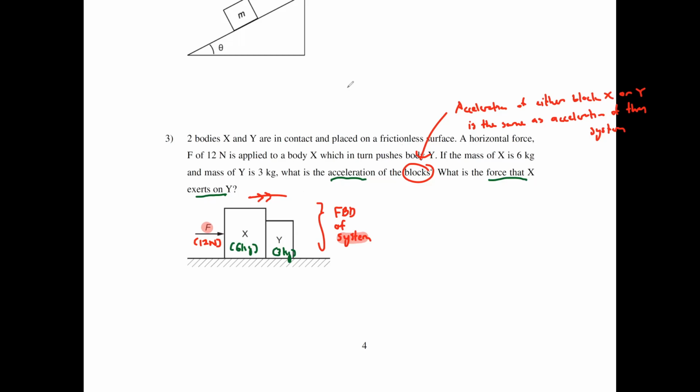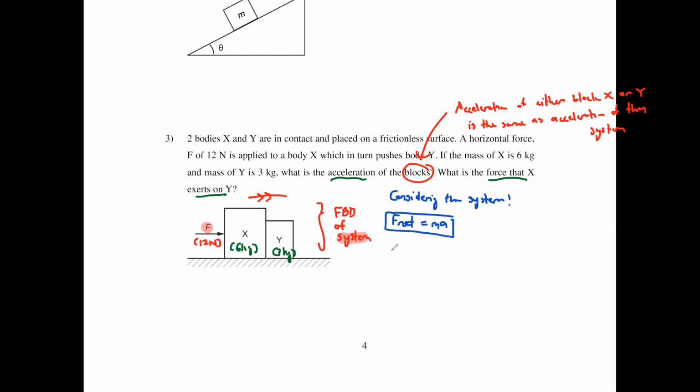So if I consider the free body diagram of the system, Fnet equals MA. This is the general equation.